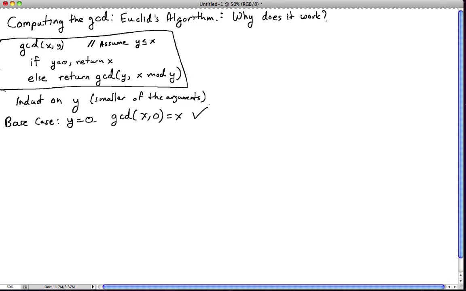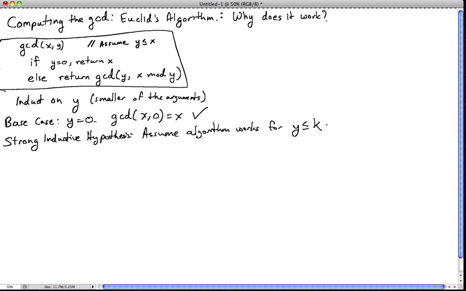So now we use induction. What kind of induction do we want to use? Well, we want to use strong induction, because we're going to get these smaller numbers that are x mod y, and they're not necessarily going to be the number right before y. Assume it works for all y less than or equal to k. So now we want to consider k plus 1. When we run the algorithm on x and k plus 1, what's going to happen?